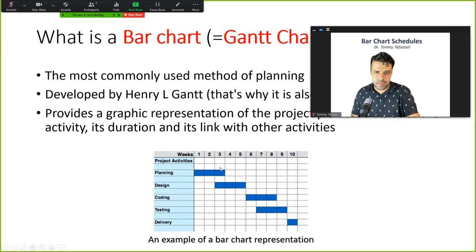It means the activities that need to be done concurrently, or at the same time. For example, in week 3, in this example, both planning and design will be taking place. Okay, so it's very easy to understand what activities need to be done every day.